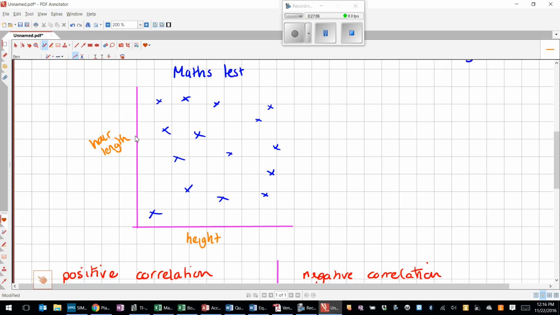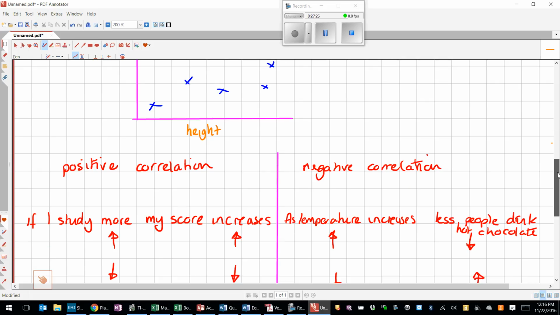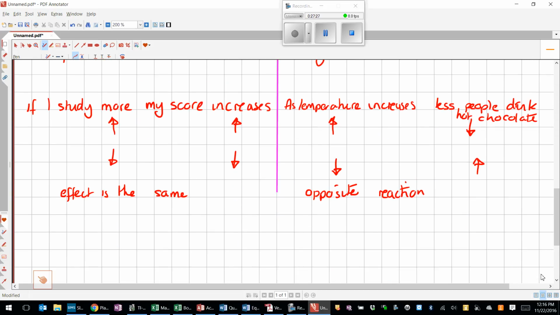To finish off the last few minutes, we've got examples of positive correlation, negative correlation, and no correlation. I would like you to finish off your notes by writing down 2 variables that would show a positive correlation, 2 a negative correlation, and 2 that give no correlation.